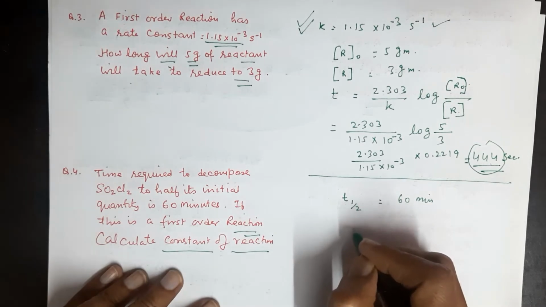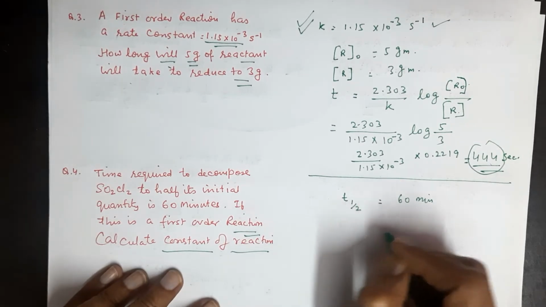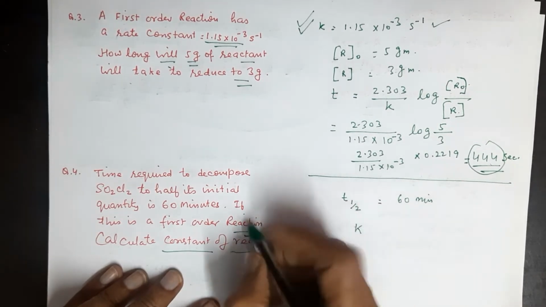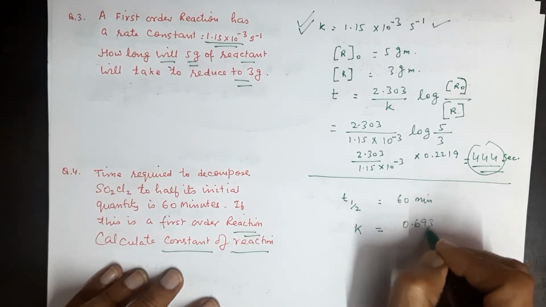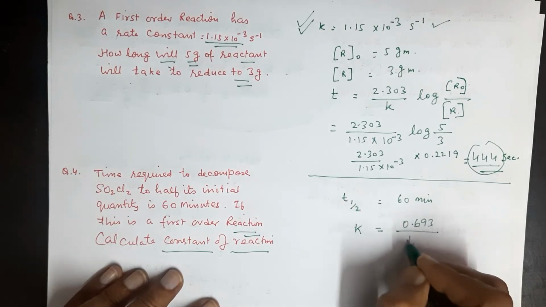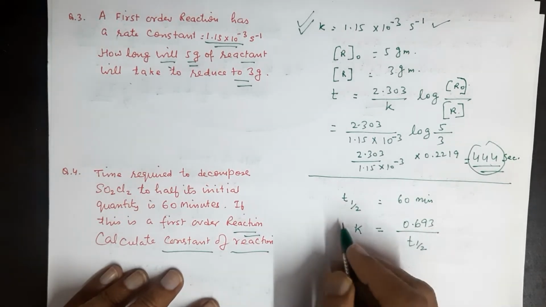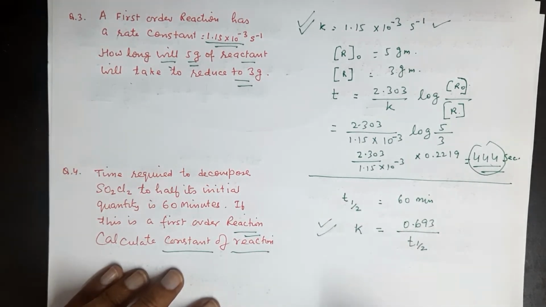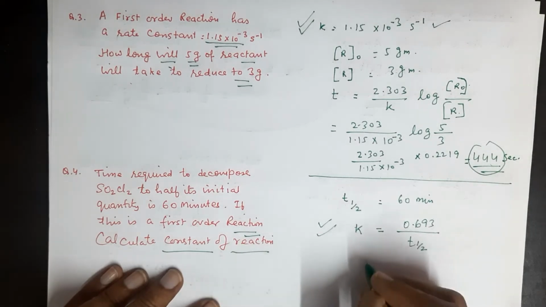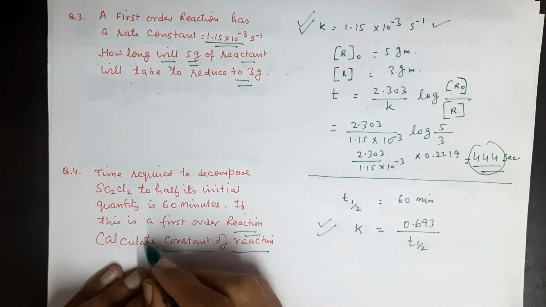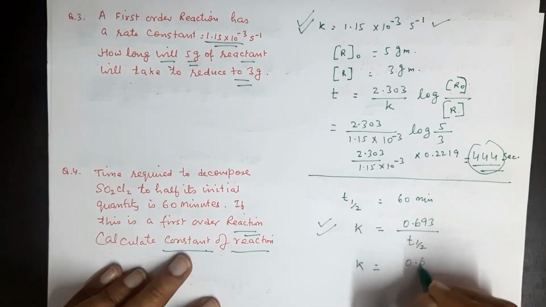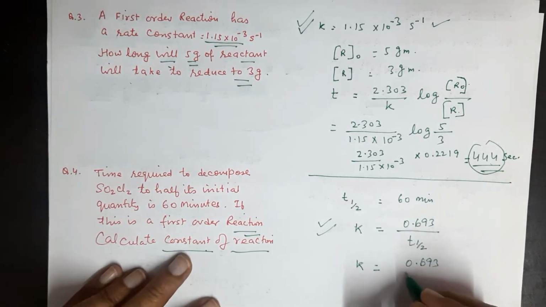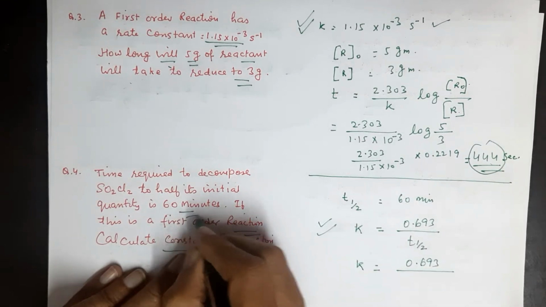For a first order reaction, K is equal to 0.693 divided by T half. So K, the constant of reaction, is to be calculated.